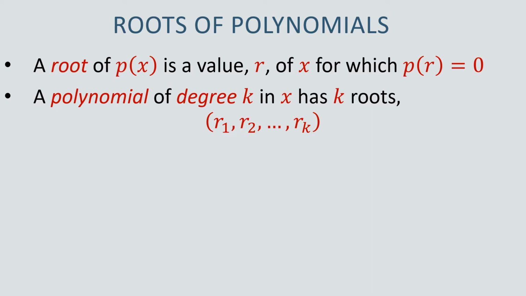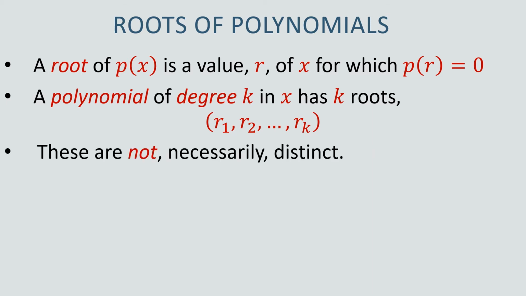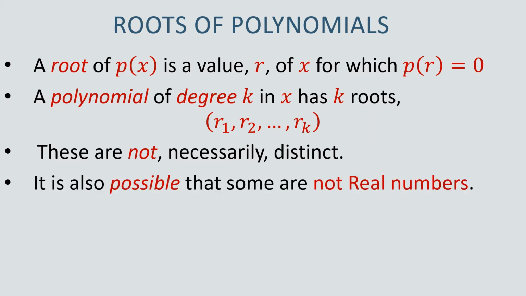Now, there's a reason why I am using round brackets and not set brackets. The roots, these k roots, are not necessarily distinct. We may have some values for the roots of a polynomial which occur more than once.